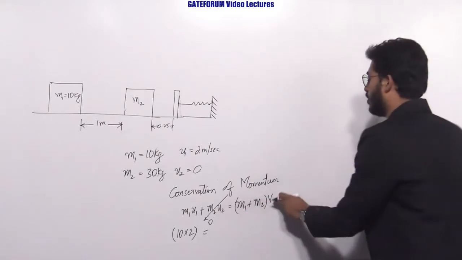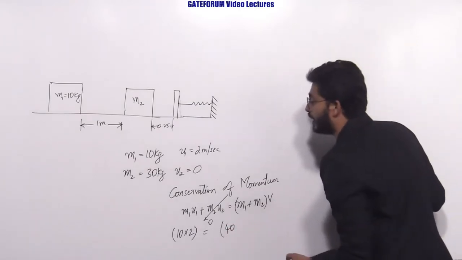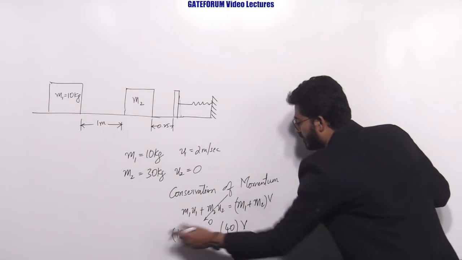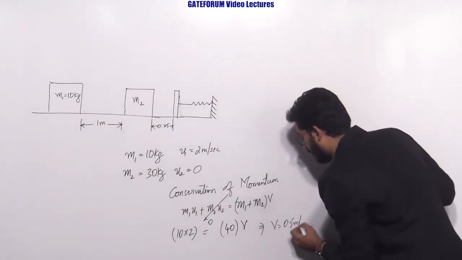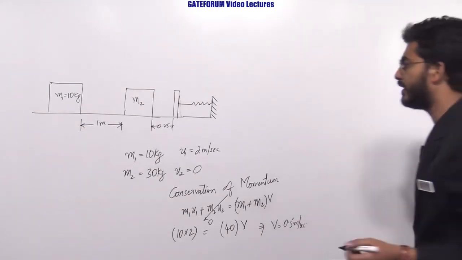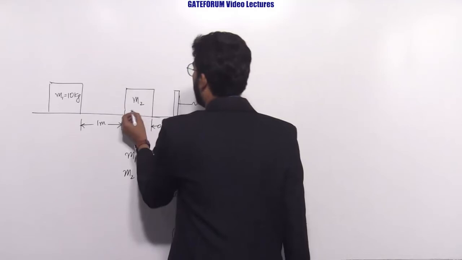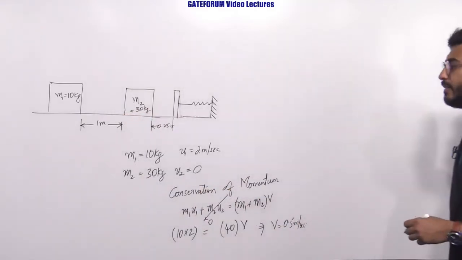So 10 plus 30 is 40 into v. This is 20, so v is equal to 0.5 meters per second. After that these masses will be combined together, and then they will be moving with a velocity of 0.5 meters per second.